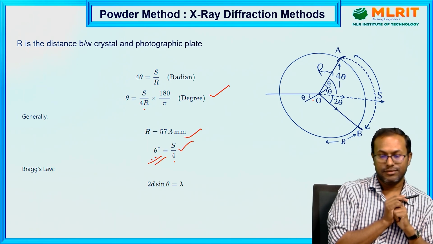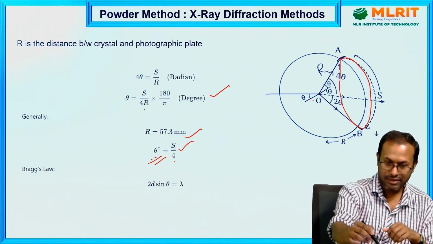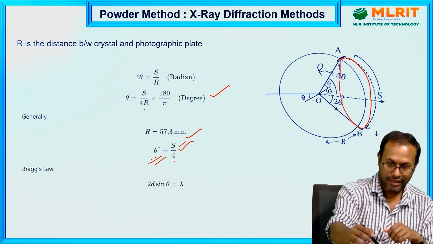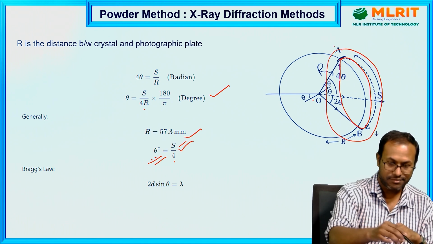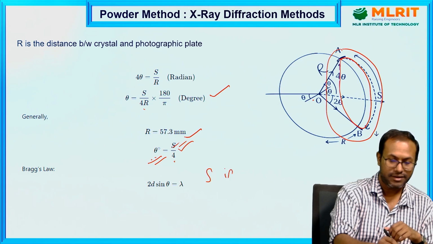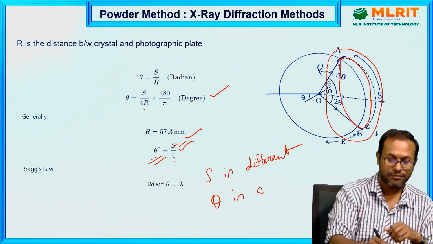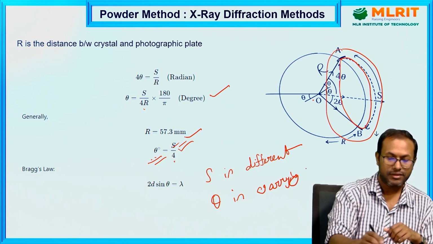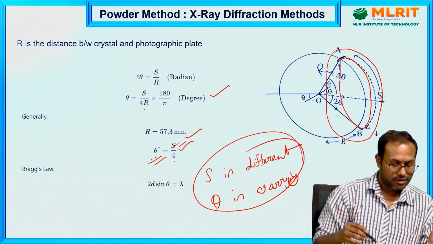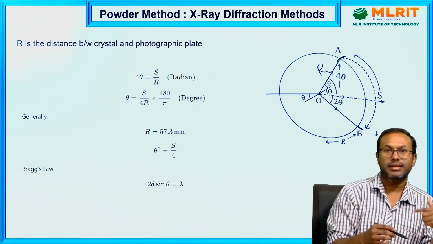So for one circle the S value is one, for another circle the S value is different. So for different S, theta is also varying. So in this we can vary the theta.